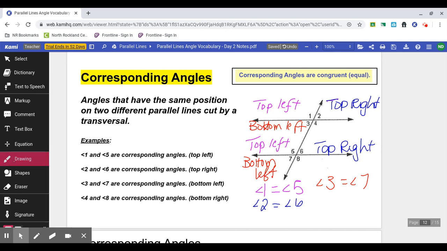Okay, and last but not least, we have the bottom right. The bottom right on the first line is angle 4, and the bottom right on the second line is angle 8, which means angle 4 and angle 8 are corresponding angles, which means that they are equal to each other. So the measure of angle 4 is going to be equal to the measure of angle 8.